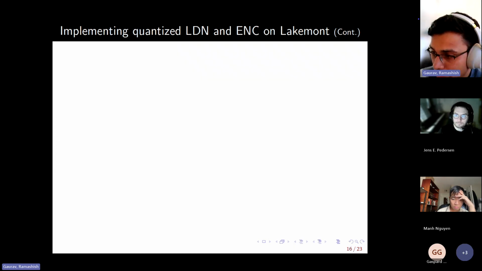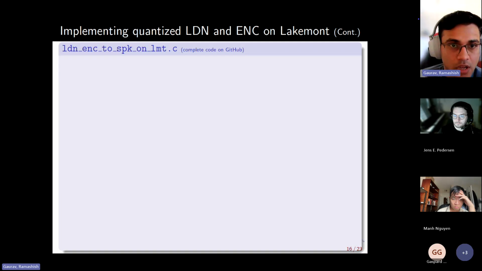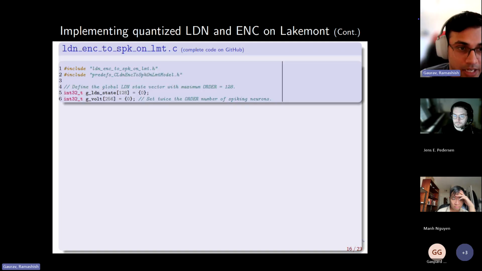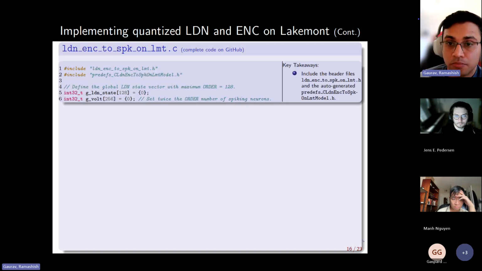Now let's talk about the contents of the C file, the actual C file where you implement your LDN and the encoding process on the Lakemont cores. The key takeaways: you should definitely include your header file. Note that the file name is the same as that of the C file with a .h extension.